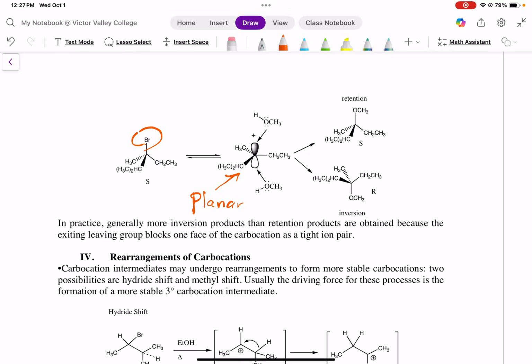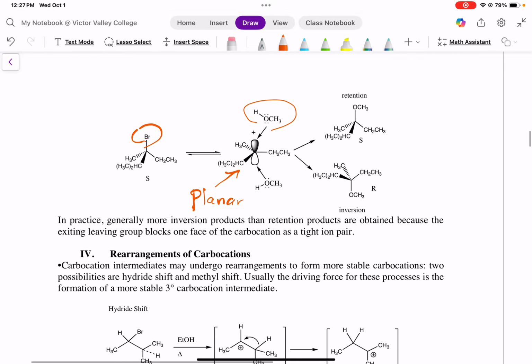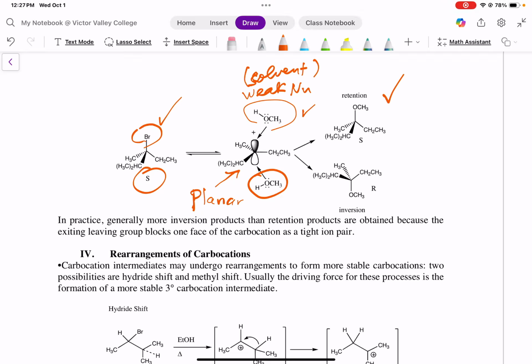So that means the incoming one, the weak nucleophile, also the solvent, can come from the top or from the bottom. You see that? If coming from the top, you get the top one. So notice this S, you're taking out the bromine from the top and you put it in from the top. Therefore, you get a retention. Same stereochemistry. That's what it means.